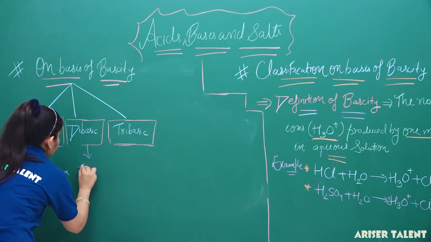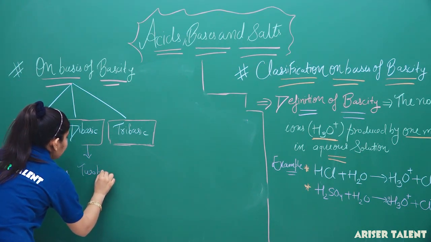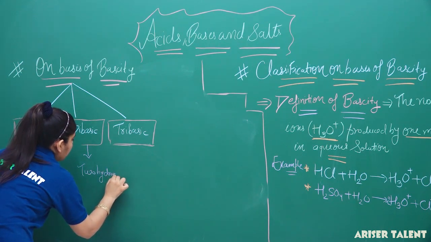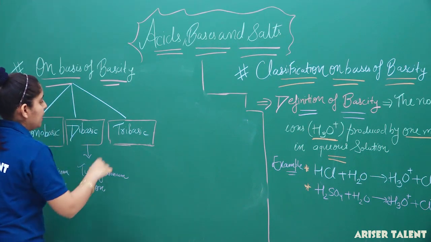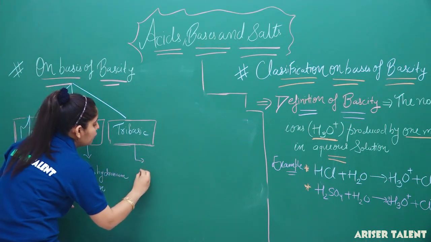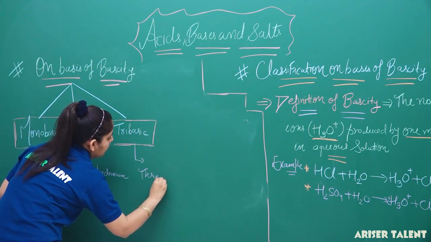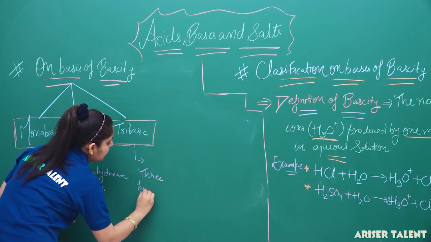Dibasic are producing 2 hydronium ions. Tribasic will going to produce 3 hydronium ions.